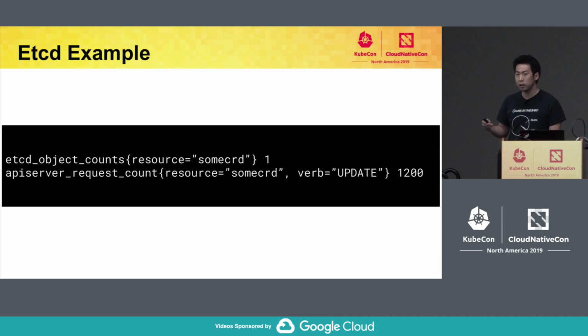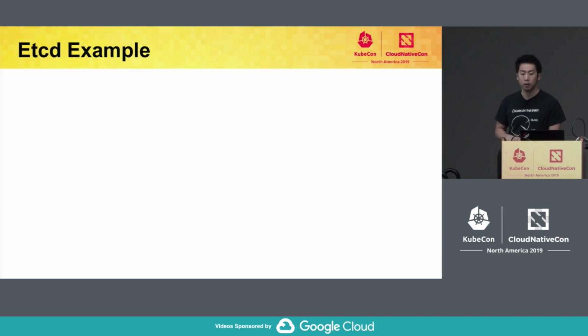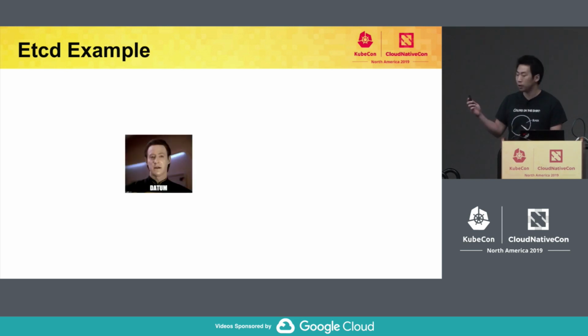So if we want to correctly model this in our heads, we have to take a step back. We need a proper mental model of how etcd stores data. So here we have a datum, some object that we store in etcd. There's an obvious dimension that we think about this, which is the size of that object. But etcd is a database.